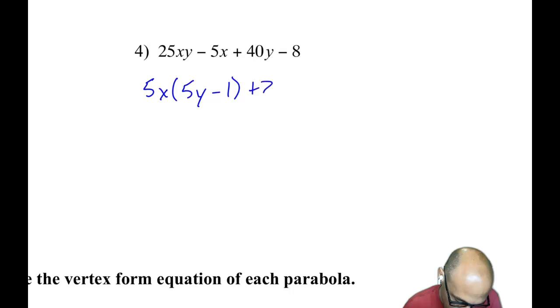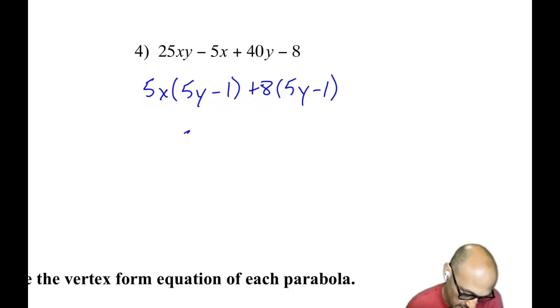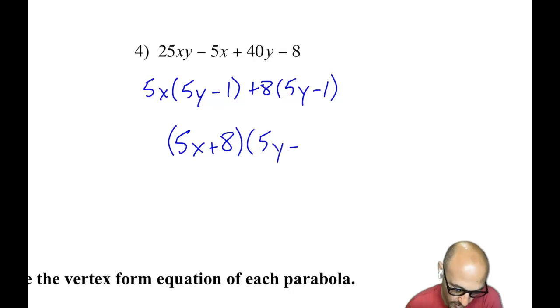So I'm going to add 8 so that we have 5y minus 1 again. So again, we can see that 5y minus 1 right there. We're factoring it out, so we get 5x plus 8, that quantity times the quantity 5y minus 1.